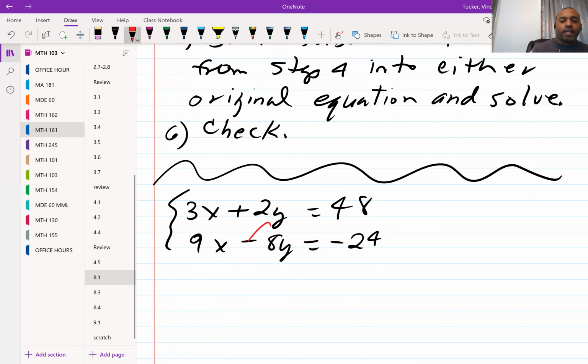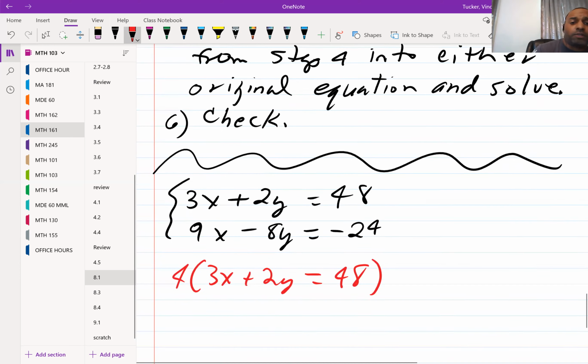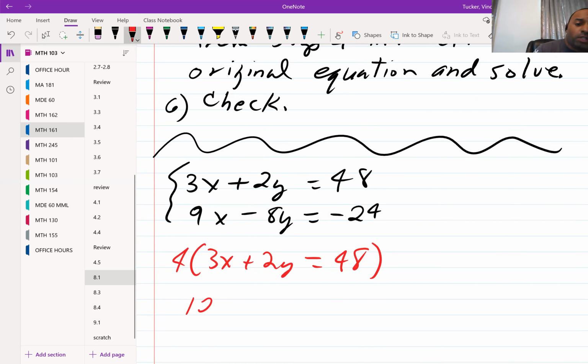So since I already have a negative right here, I'll just go ahead and multiply this whole equation by 4 so that I can cancel out my 8. Now remember, if you're going to multiply it times one term, you have to do it to each term. Can't just multiply it to one term. So multiplying 4 to each gives me 12x plus 8y, and then 4 times 48, 192.